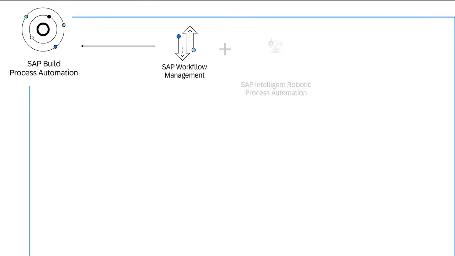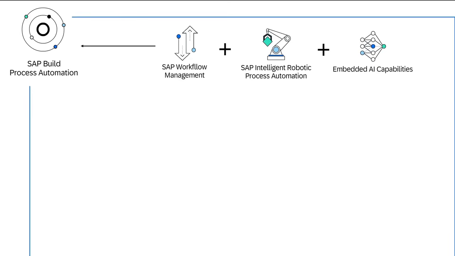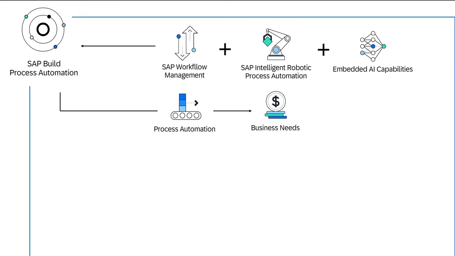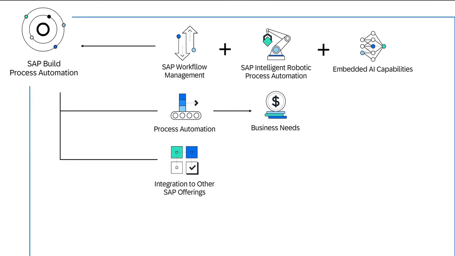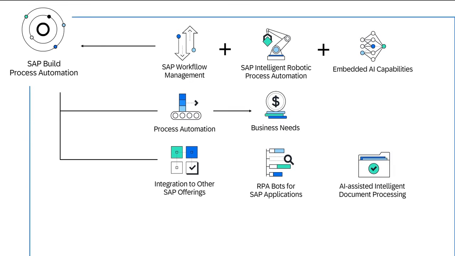By combining this with SAP Workflow Management, SAP Intelligent Robotic Process Automation, and AI capabilities, this automation will help you scale process automation to meet changing business needs. And it offers native integration to other SAP content with RPA bots for SAP applications. This builds an enterprise-grade platform. This automation can help you innovate with incredible speed and confidence.